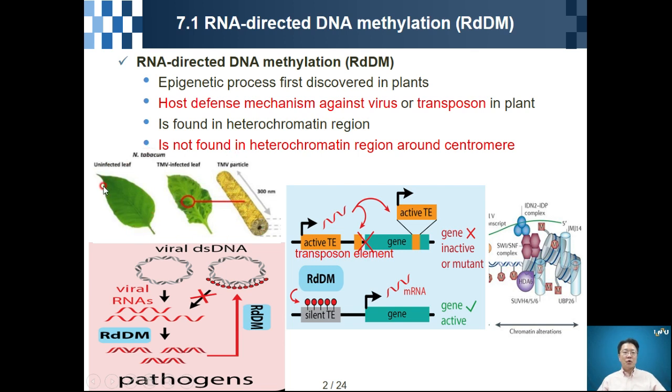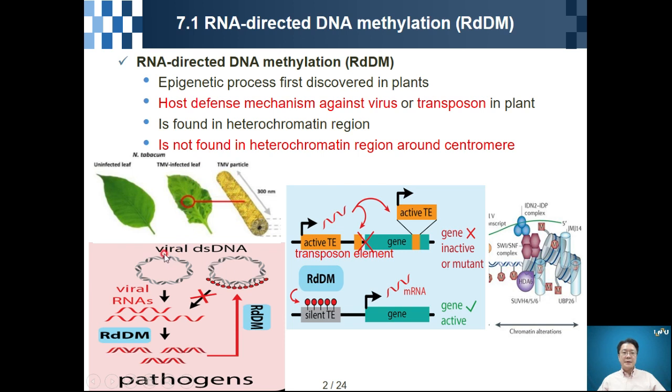This is a tobacco leaf. This is an uninfected leaf. And this is a tobacco leaf infected with the TMV virus. After the virus infects the plant leaf, a host defense mechanism happens.